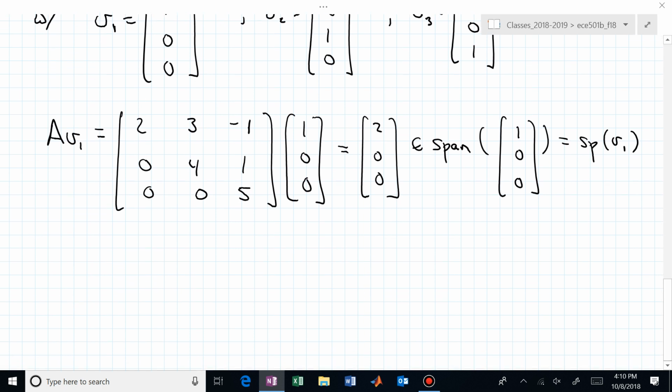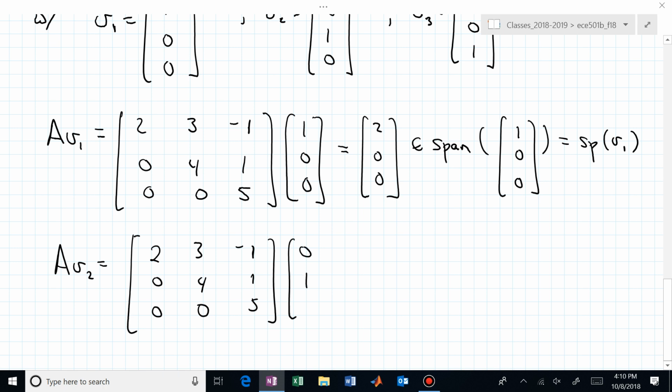What happens when we now operate on v2 with A? So now we have 2, 0, 0 for columns. Now I'm going in the other direction. For the second column it's 3, 4, 0, and in the third column it's minus 1, 1, 5. If we use the previous strategy, now we're just pulling off the middle column, the second column, and this is now 3, 4, 0.